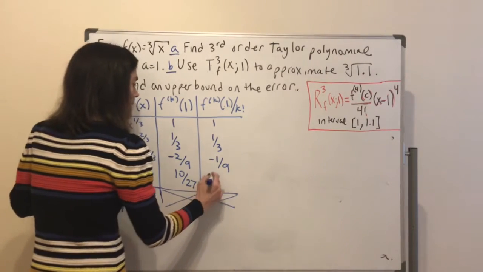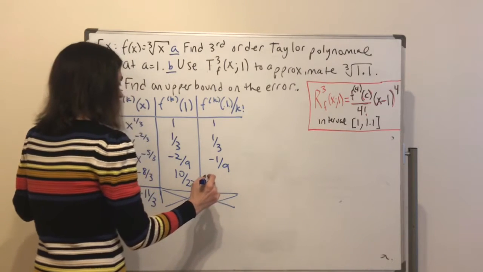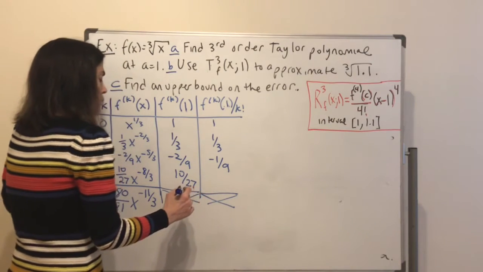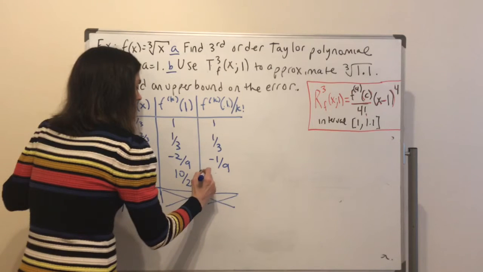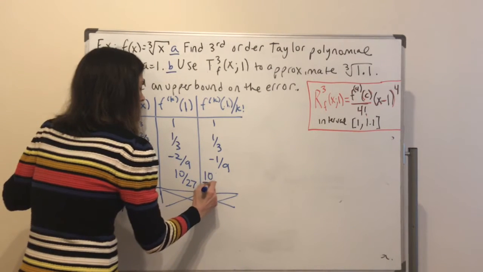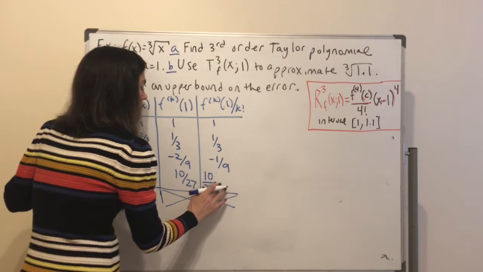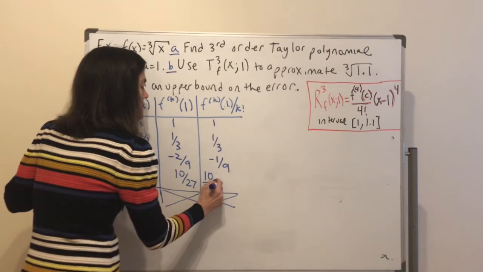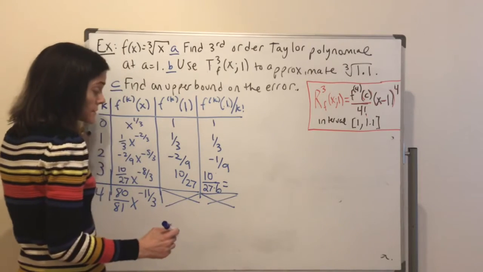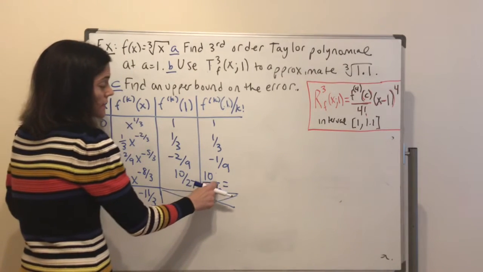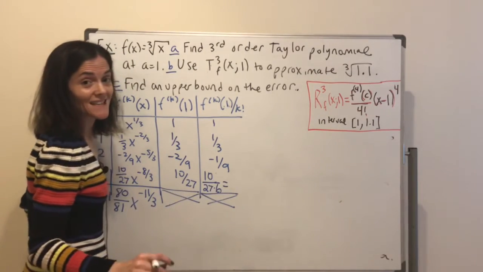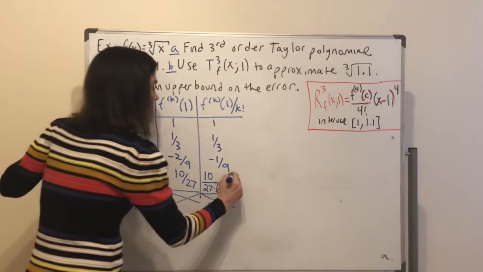And here, how does this simplify? I'll write it at first: it's 27 times 6. 6 is 3 factorial. And then you see the 2's can cancel. I will get 5 over 81.